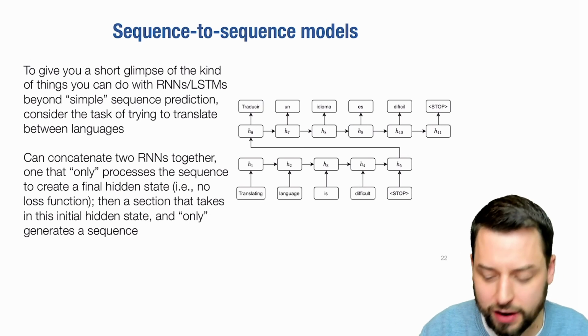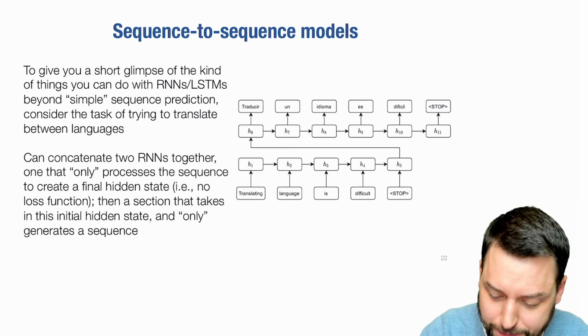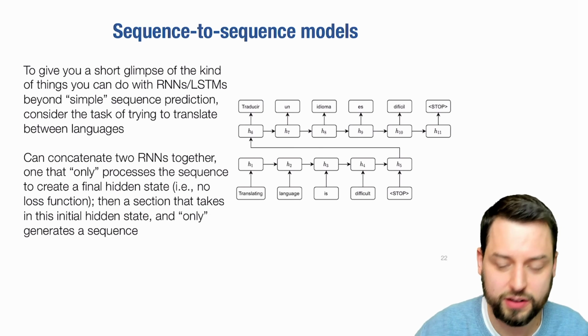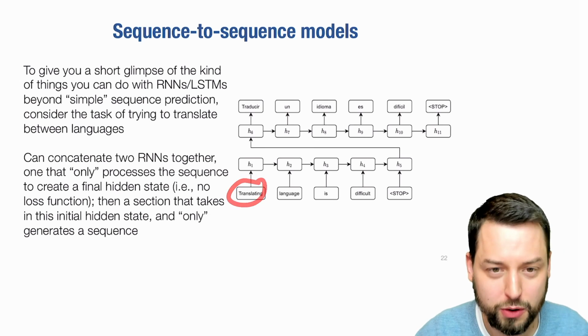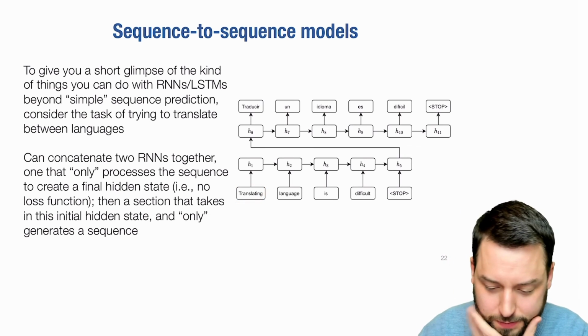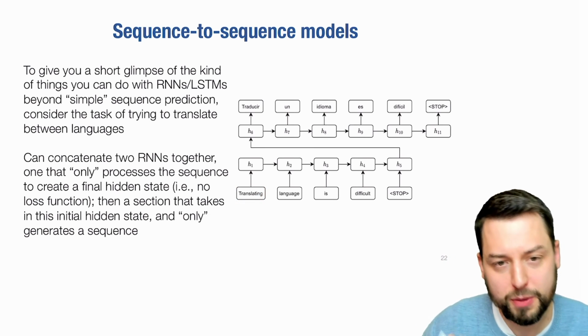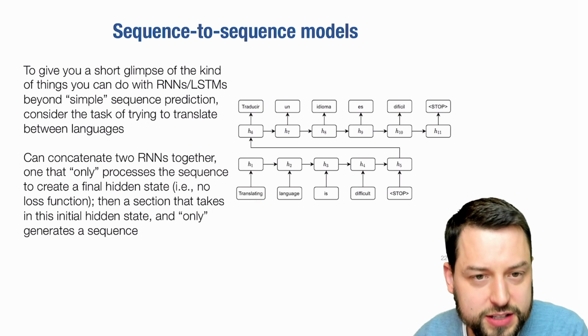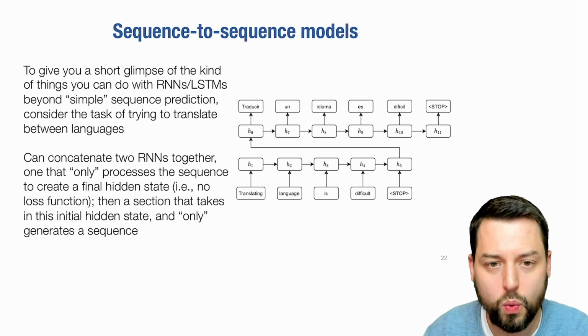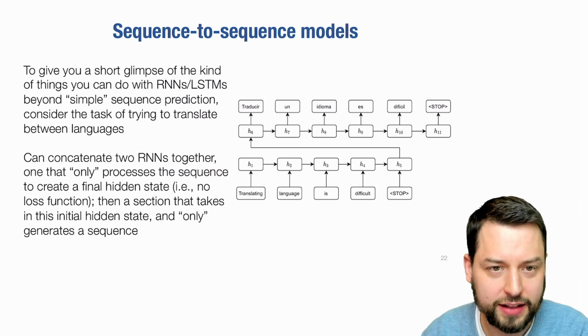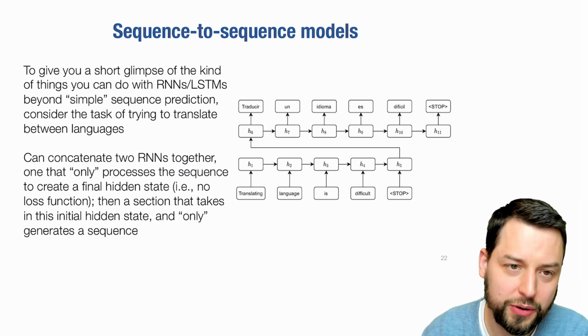And it's not immediately obvious how RNNs apply to that. RNNs would take our input, translating, and predict one thing from that. The point I want to make here, and I won't go into this too deeply, is that there are ways to leverage RNNs to get much more power than this.